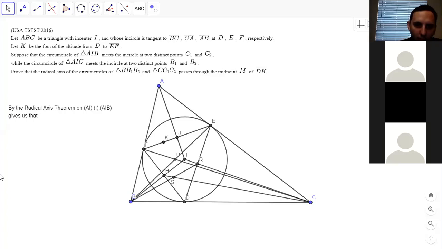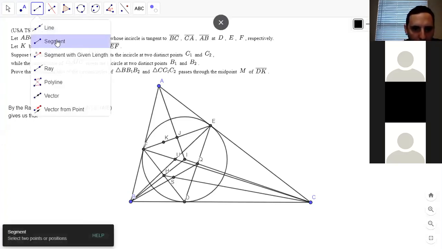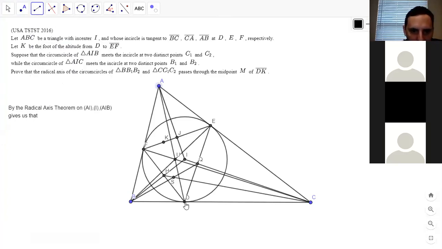Because this whole configuration looks like it. So let me draw AB. We have D and then the intersection of BF, like we have FHD and EQD, and we draw the intersections through the respective points. Draw CH and BQ.